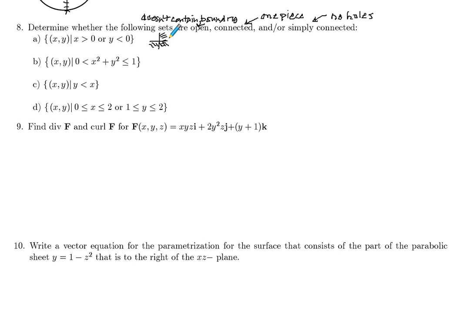And it's strictly greater than, strictly less than, so you're not including the boundary, which is those two half lines there, the positive y-axis and the negative x-axis. So this is going to be open because it's not including its boundary. It's all one piece here, so it is connected. And then there's no holes in this, so it's also simply connected. Let me abbreviate that as SC.